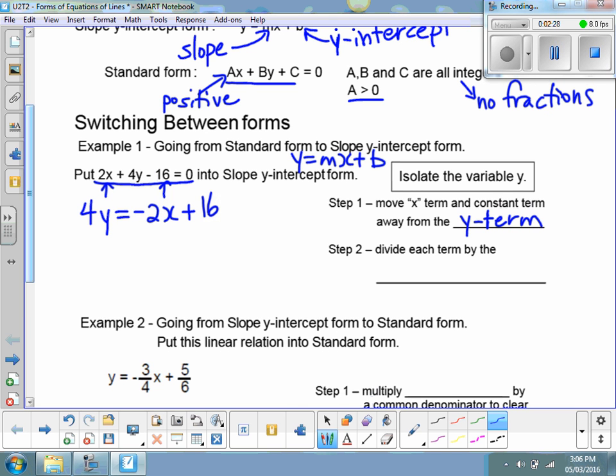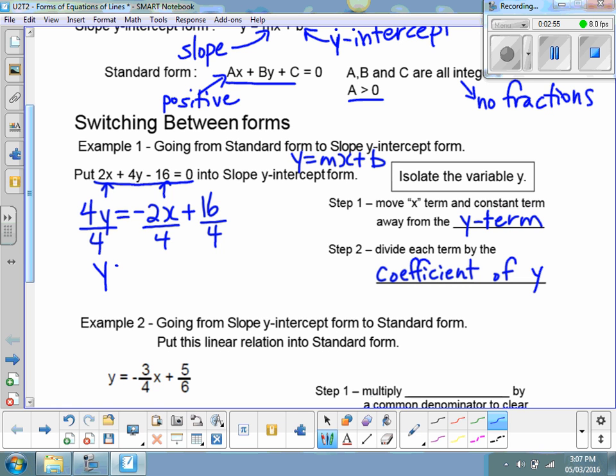The next step is to divide each term by the coefficient of y. So the coefficient of y is 4, so I'm going to divide this by 4, divide this by 4, and divide this by 4. So there's 3 terms there. We're dividing each of them by 4.